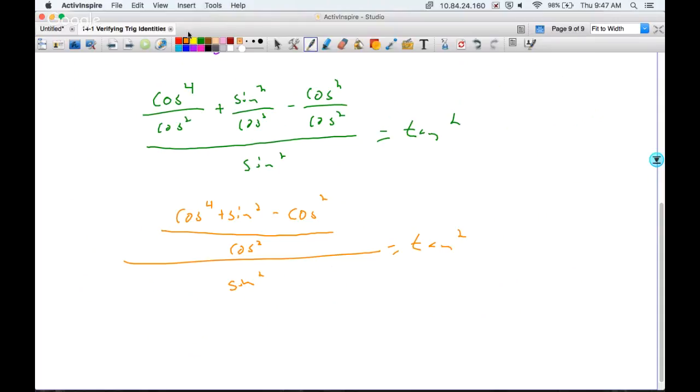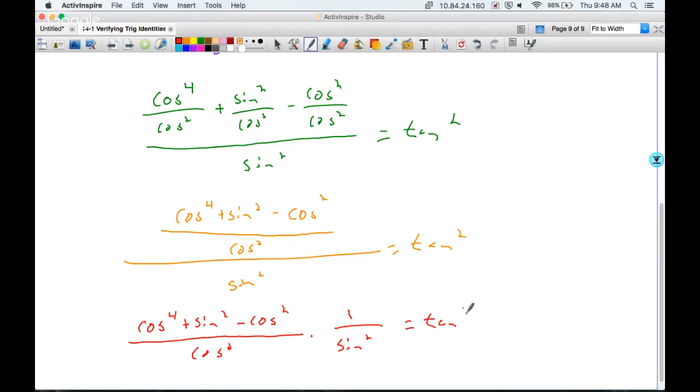Copy dot flop. I'm going to copy the top here: cosine to the 4th plus sine squared minus cosine squared all over cosine squared, times, I have to flip this over, which would make it a 1 over sine squared, equals tangent squared.